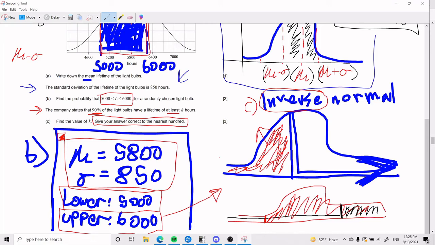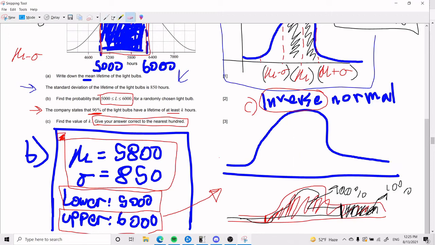It would assume that all of this is 90%, and it's going to spit out this 10% here. And so what we have to do, actually, is plug in 0.1 for our area, which is this here, and it's going to spit out the upper 90%.